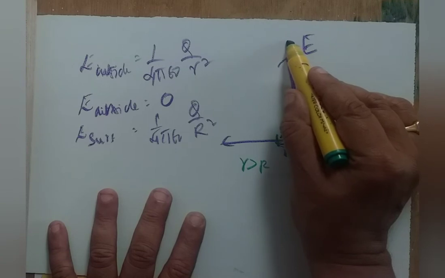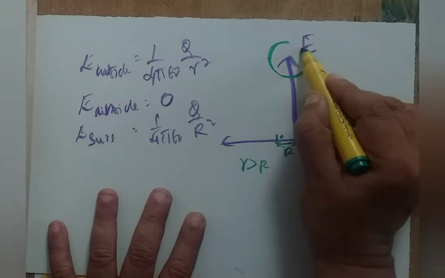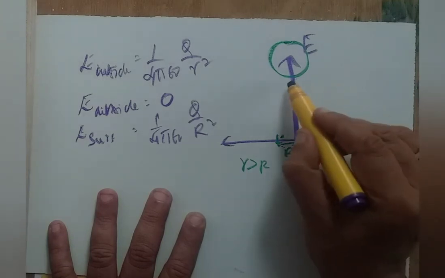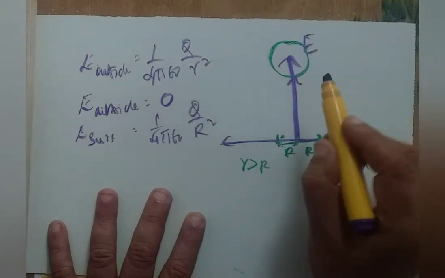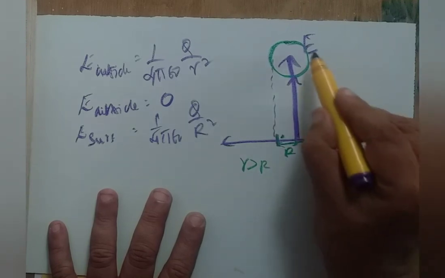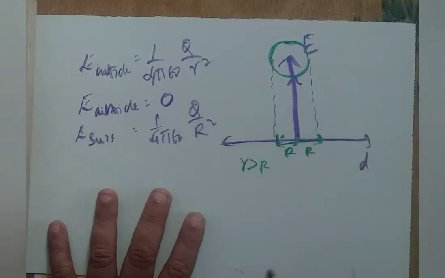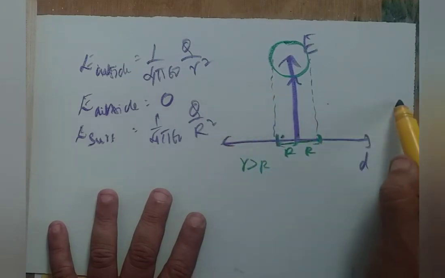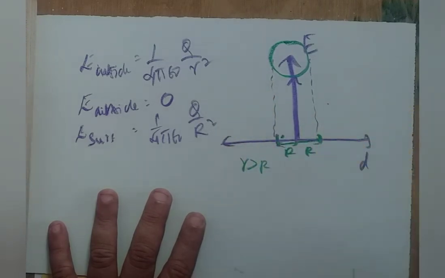We imagine a physical situation there. This is the center of the sphere. Up to this only, R is there. This region becomes outside the sphere, only this is inside.